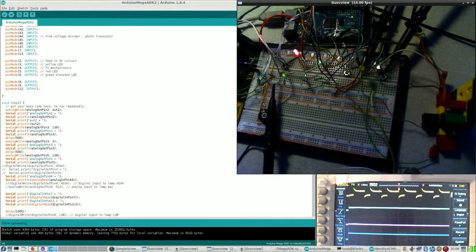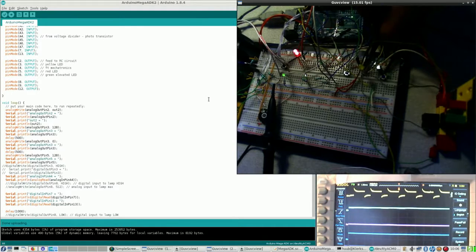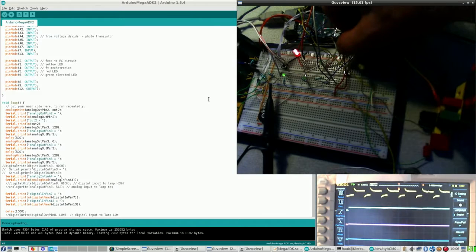So the question is, is it really doing something? What is the output of 3? That's a very interesting question.